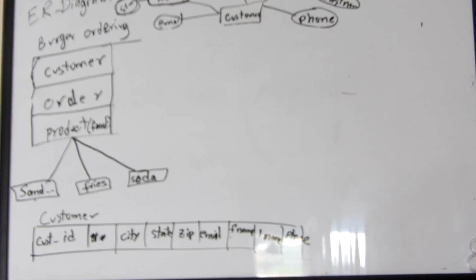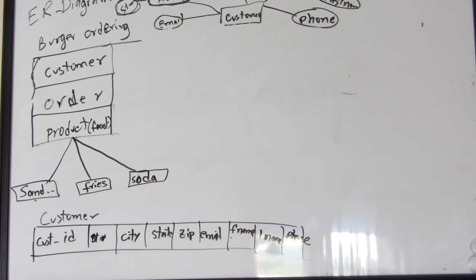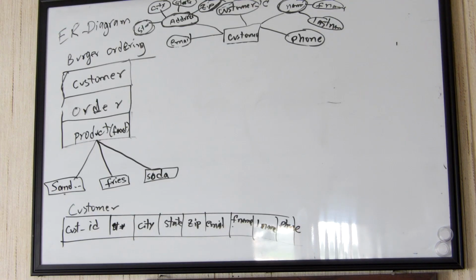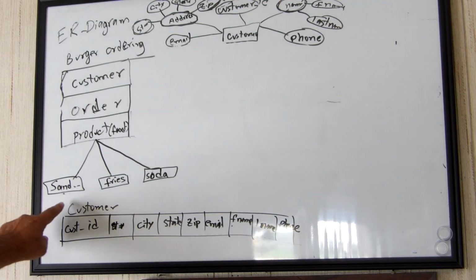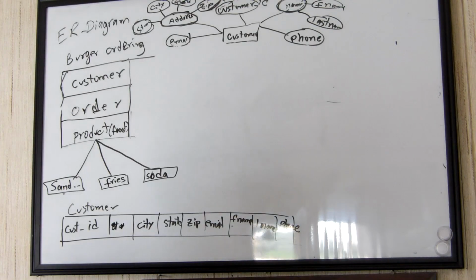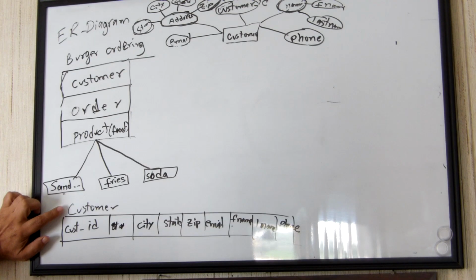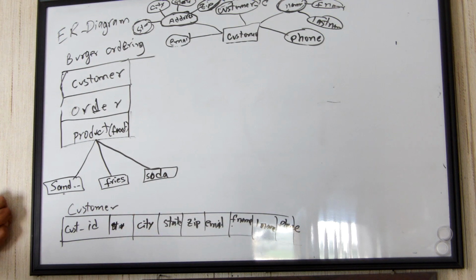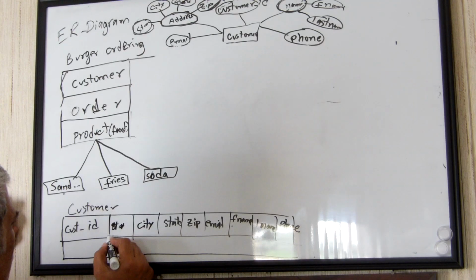So these are the entity, and these are the attributes, and then you have the values, and you want to fill out this form.